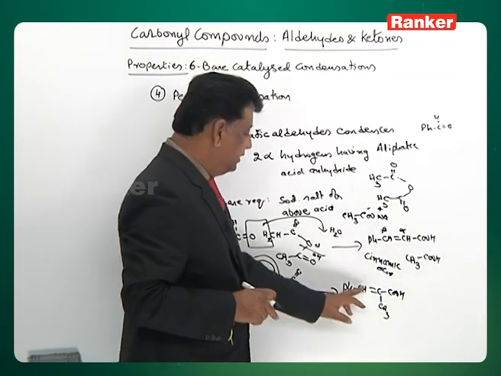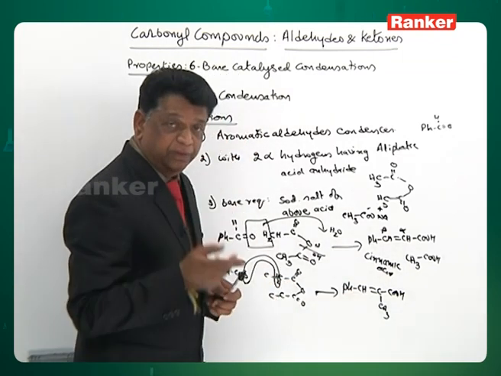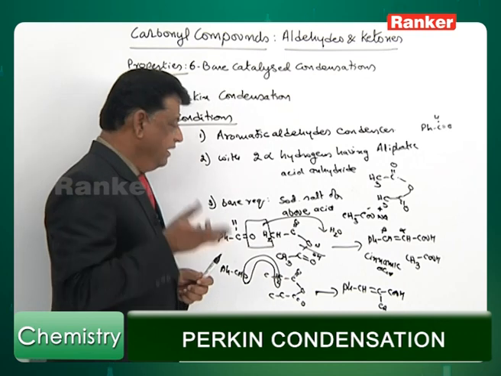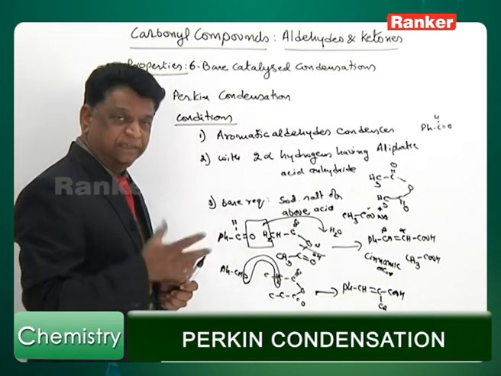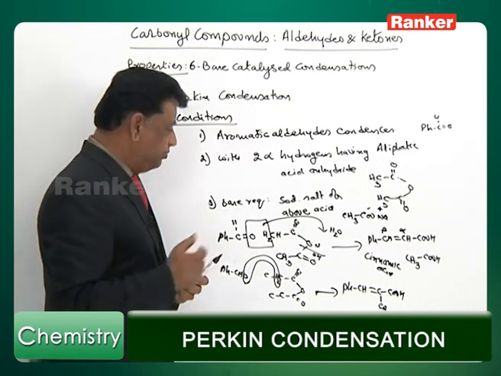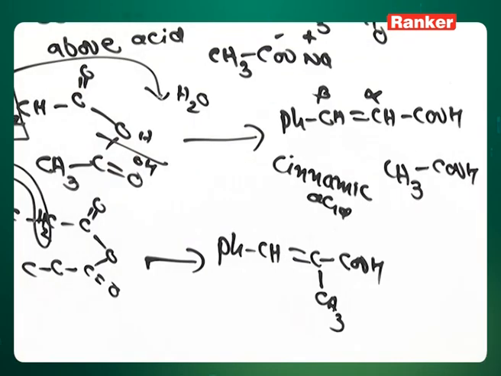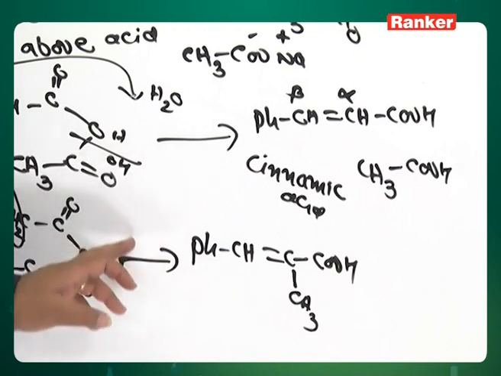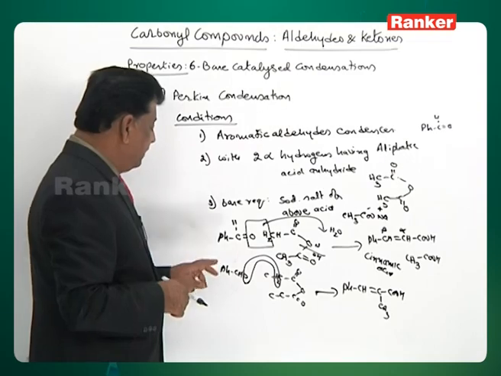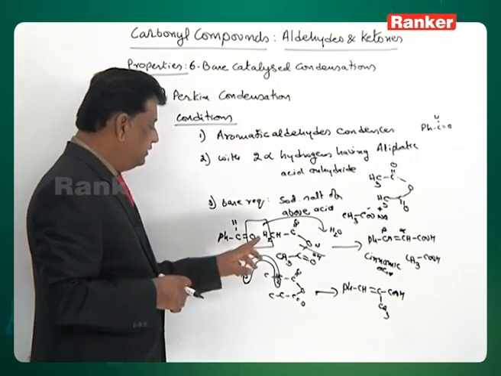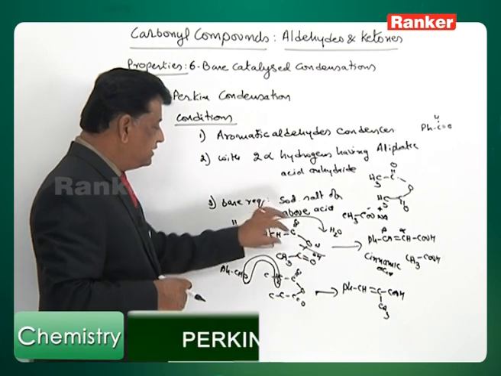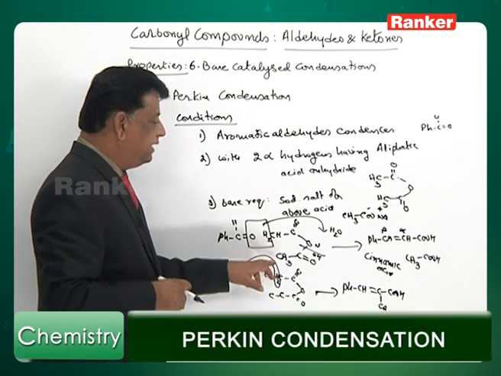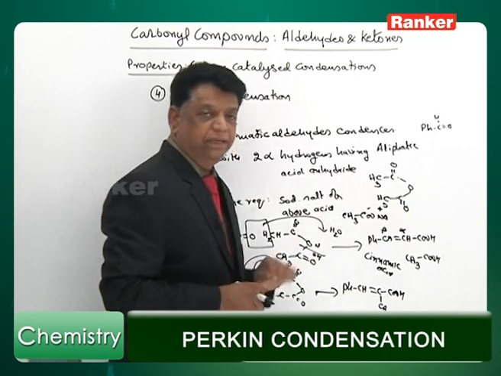Cinnamic acid exists in geometric isomerism, cis and trans, and stereoselective addition, cis addition and trans addition, gives different products. For all such things, this will be one of the starting materials. So, it is an important compound. Notice that if benzaldehyde condenses with the first member, acetic anhydride, you will get ordinary cinnamic acid.